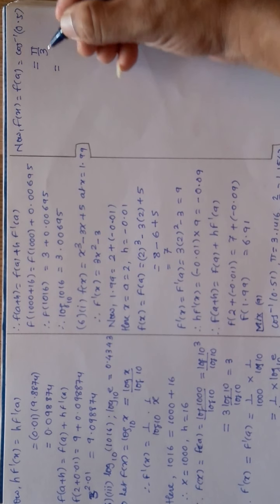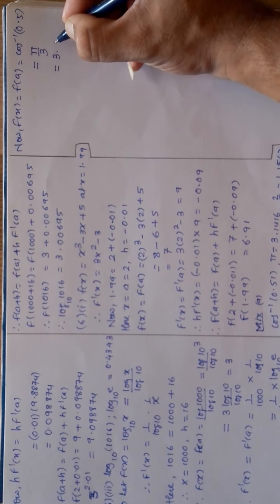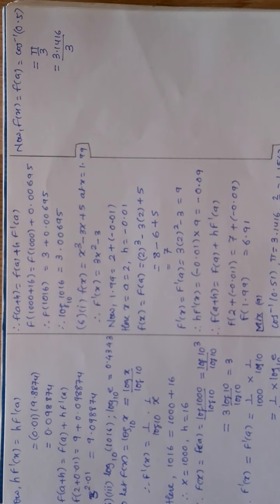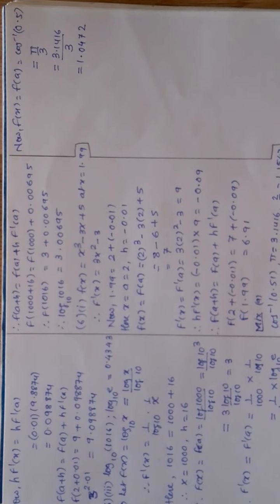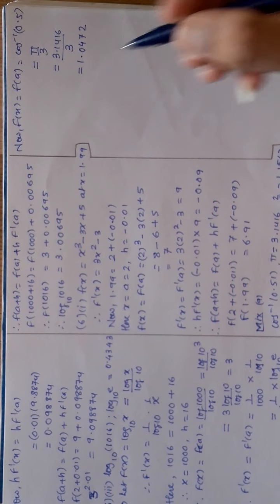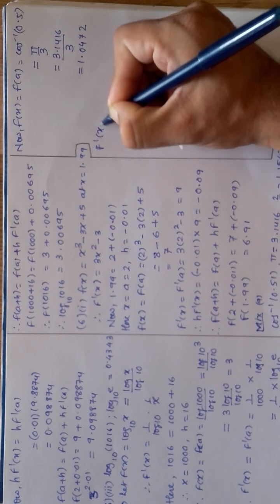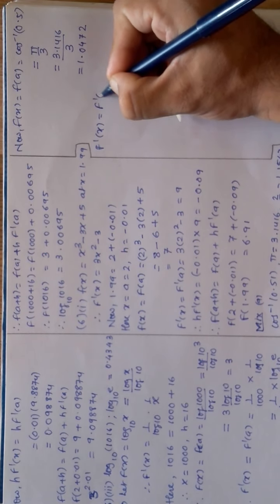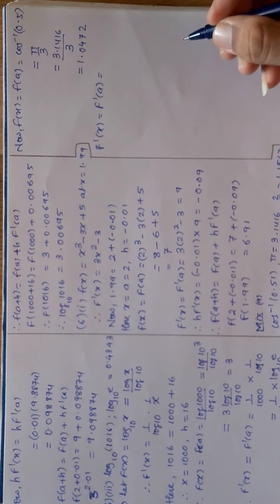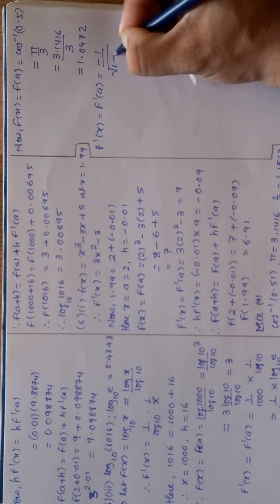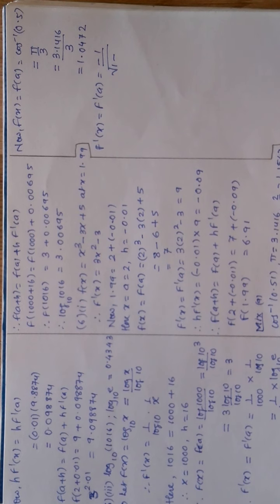Pi is given to you as 22 by 7. It is already told, take this only. So when you divide this by 3, what do you get? 1.0472. Now f dash a is nothing but minus 1 upon under root 1 minus x square, and x is your 0.5.